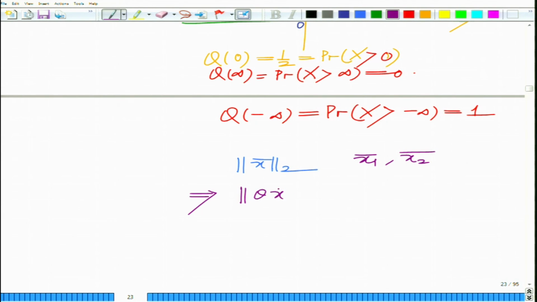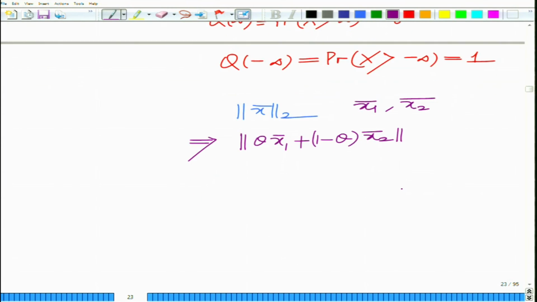We want to find the norm of theta x1 bar plus 1 minus theta x2 bar, okay, the value of the function at the convex combination. Now, using the triangle inequality, for any convex combination, 0 is less than or equal to theta less than or equal to 1. So, this norm is less than or equal to the norm of theta x1 bar plus the norm of 1 minus theta x2 bar from the triangle inequality.